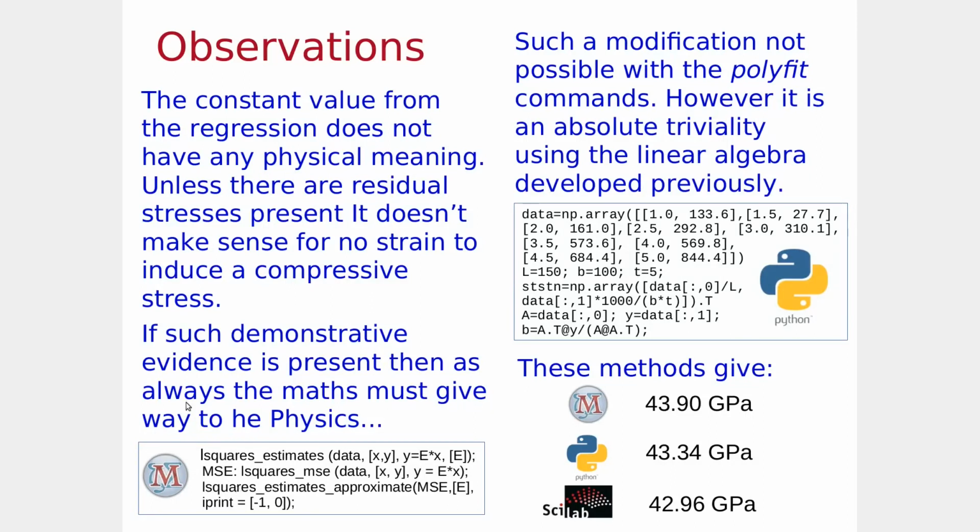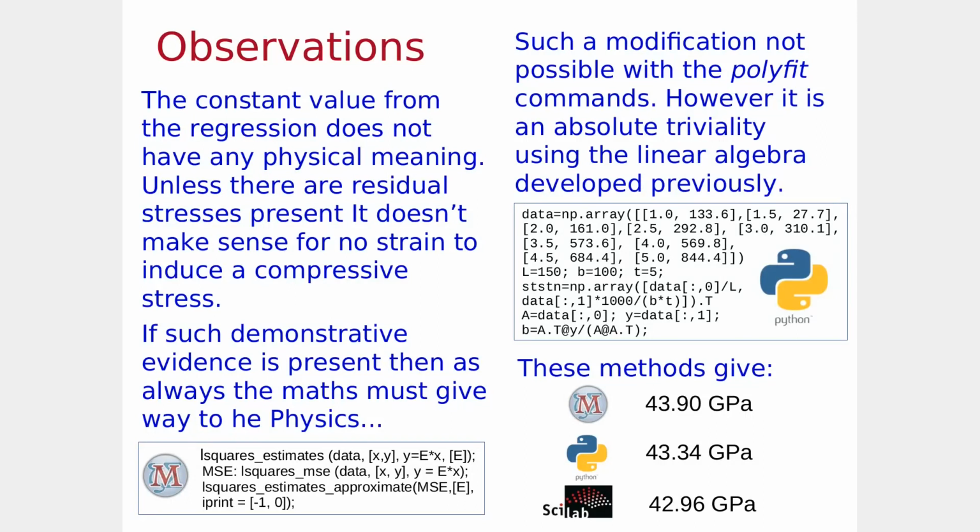It will compute those out, and then I can ask for the least squares estimate to compute the estimate for E. Such a modification is not possible with polyfit commands. However, it is rather trivial using the linear algebra developed previously.